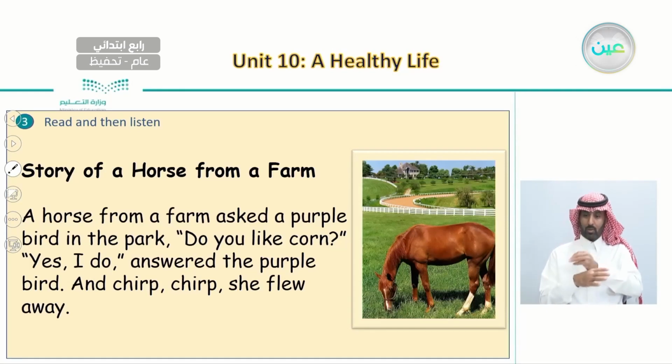And we said that it is important when we read this story that we can differentiate the words that have UR and IR sounds, like for example, purple, like bird, and like chirp, chirp. So these are words that have the UR and IR sounds that we practiced in the previous exercises.